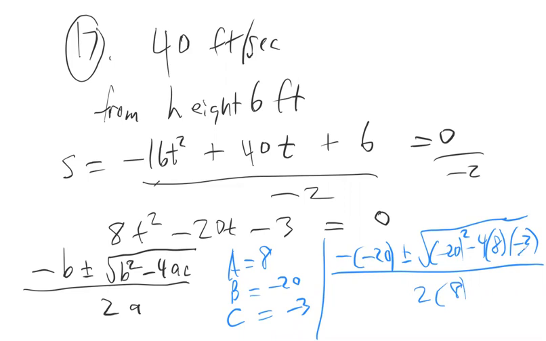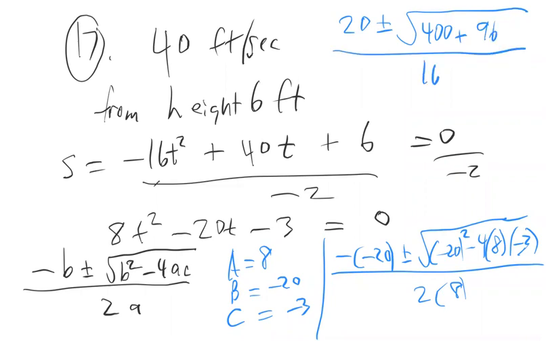So I would get positive 20 plus or minus the square root of 400 plus 32 times 3, which is 96, all over 16.